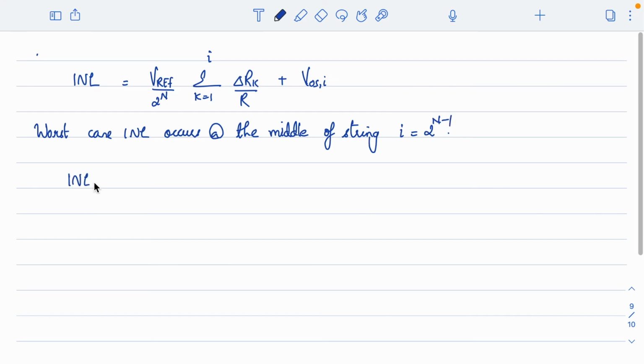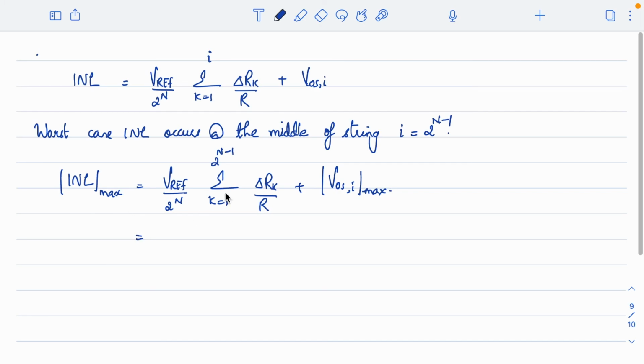So here I can write the maximum INL, INL max, as Vref divided by 2 to the power of n into summation k equal to 1 to 2 to the power of n minus 1, delta Rk divided by R, plus I need to also include the offset voltage as the maximum offset voltage value, right?